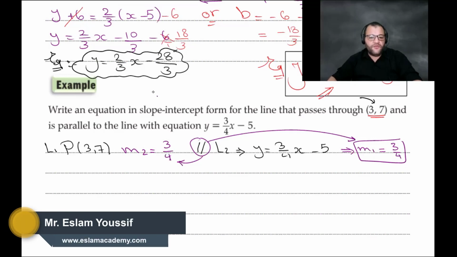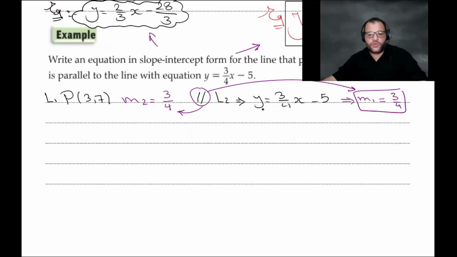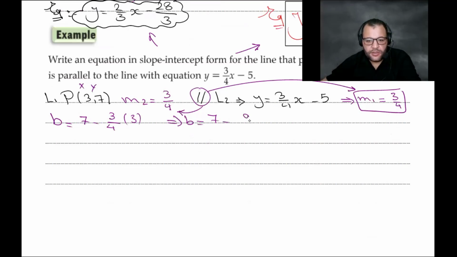You can solve by using point-slope form or by using the b formula. Which one do you need me to use? I will use b, it is quicker. So b equals y minus slope times x. That's x and that's y and that's the slope. So 7 minus 3 over 4 times 3, which is 7 minus 9 over 4. Instead of 7, you can replace it with 7 over 1.